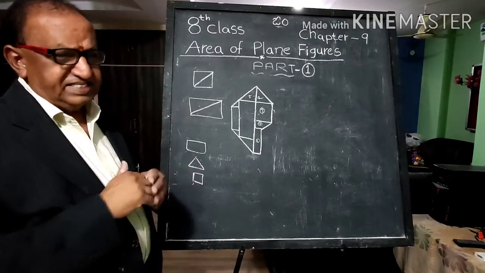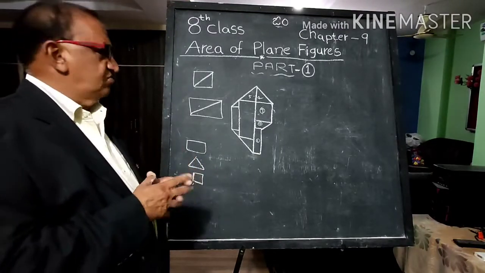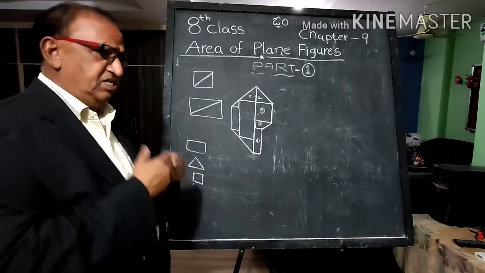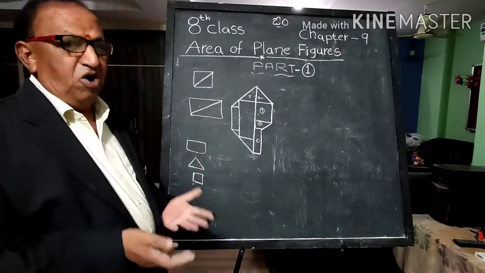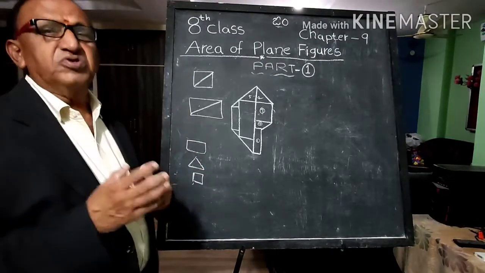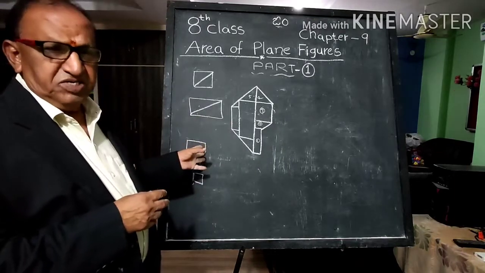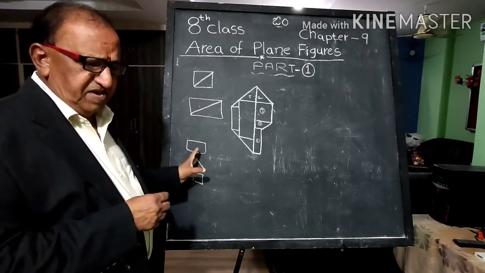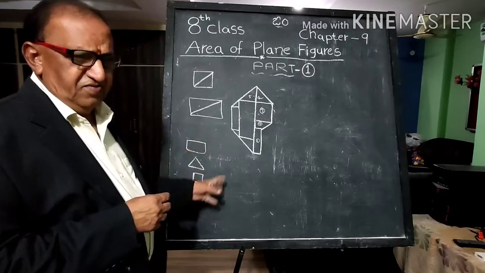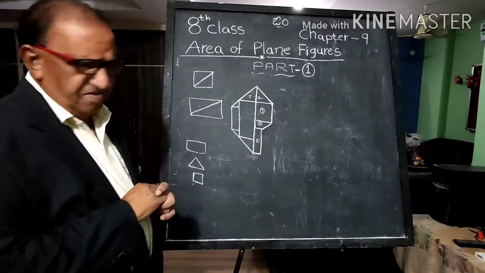You already saw how to bisect an angle, how to construct an angle, how to construct a triangle, how to construct a quadrilateral, different shapes. You are in the 8th class, I'm sure you know all those. So here we are going to use the basic formula of the fundamental figures, shapes, to find the area of the complicated figures.